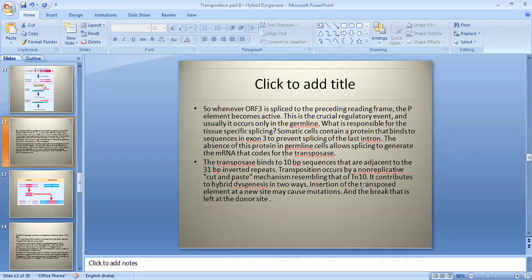One way is that it disrupts the genes if it gets inserted into a gene. Another way is that where it leaves, the site where it comes out, a gap is produced.